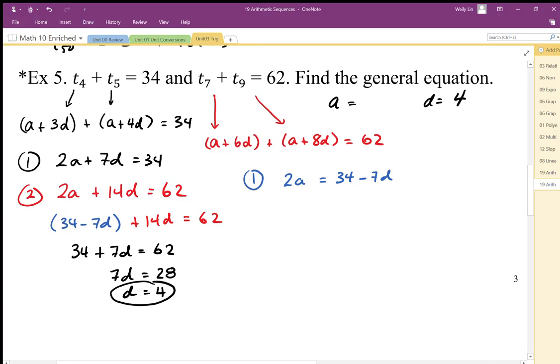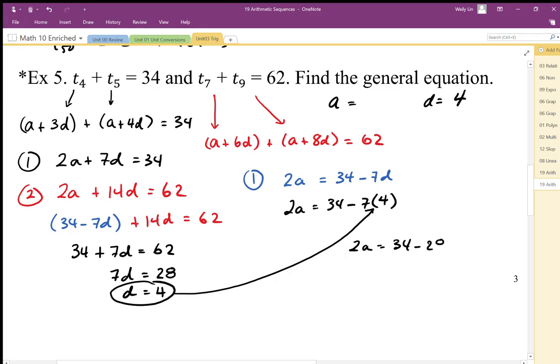And then I just need to figure out a. Well, I have an equation that I can solve for a. I know that 2a is equal to 34 minus 7 times d. I figured out d is equal to 4, so I'm just going to plug that right in there. Then my equation is going to be 2a is equal to 34 minus 28. So 2a works out to be 6.